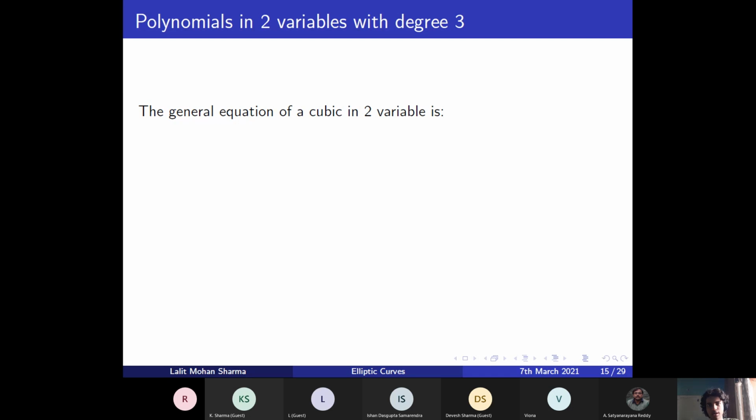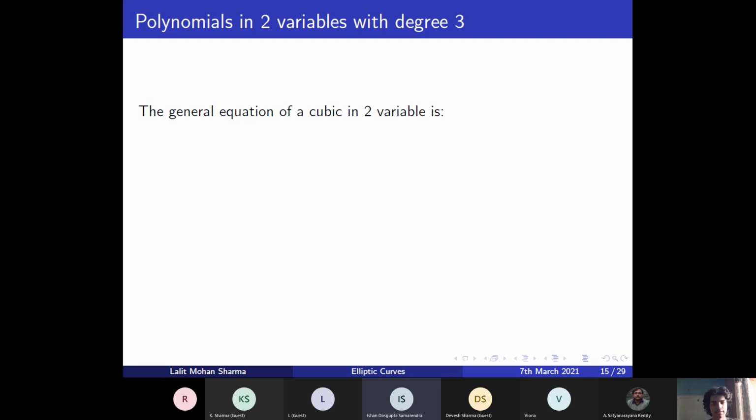So what would a cubic look like, if anyone can guess the equation of a cubic? The same thing, the sum of a_ij x to the i, y to the j, where i and j are not negative, and the sum has to be less than or equal to 3.